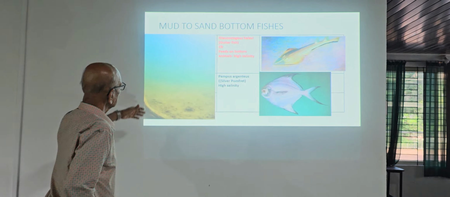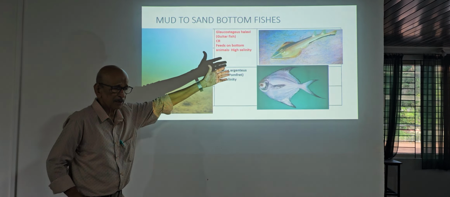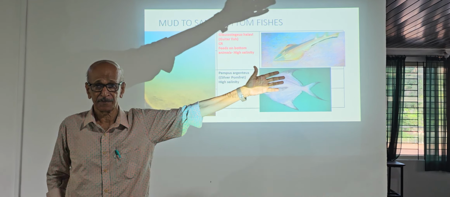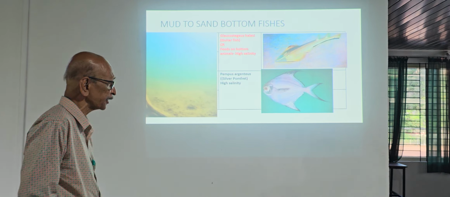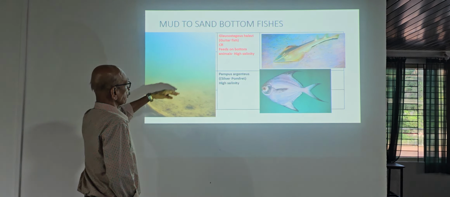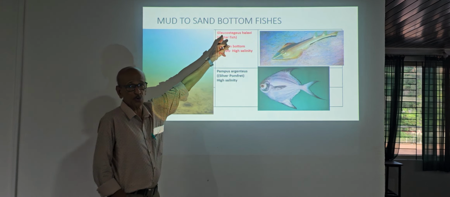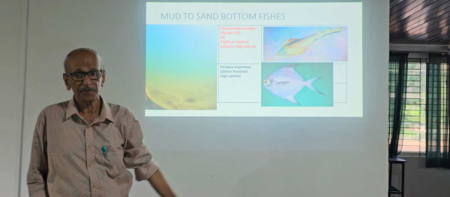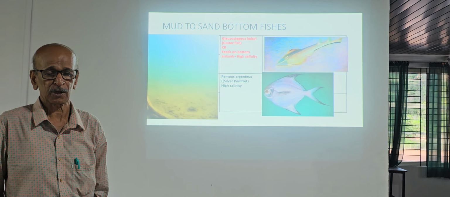Now these mud to sand bottoms also have several kinds of ray fish. Ray fish are used as food. They are very meaty and used as food. Out of them is guitar fish, Glaucostegius halavi, which is a critically endangered fish according to IUCN.